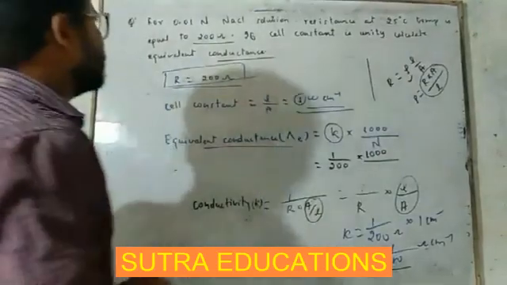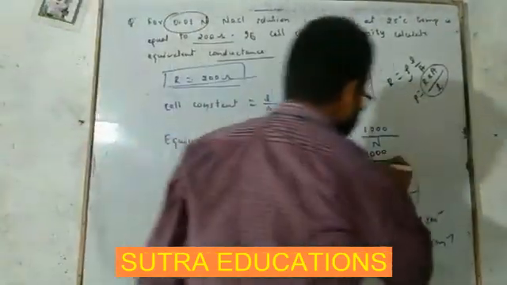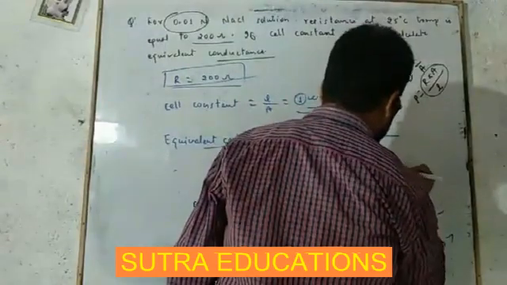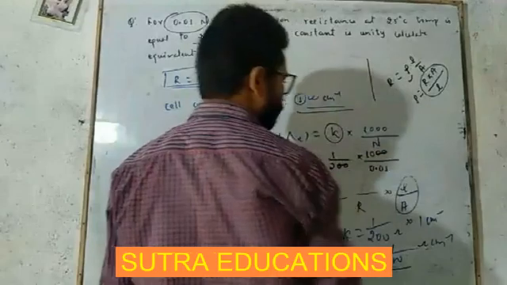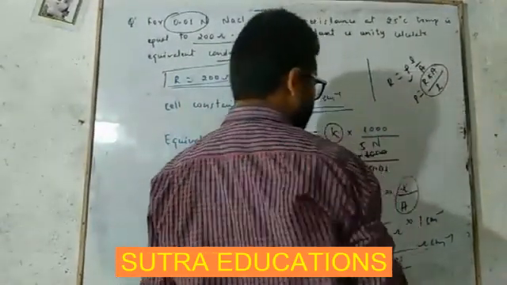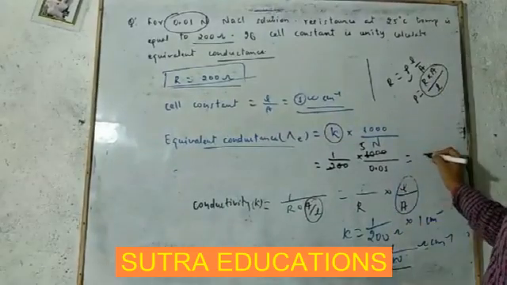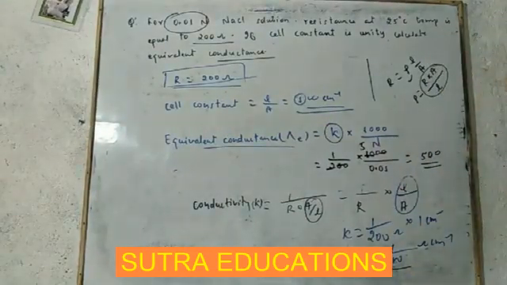Normality is given here, 0.01. So it is equal to 500.